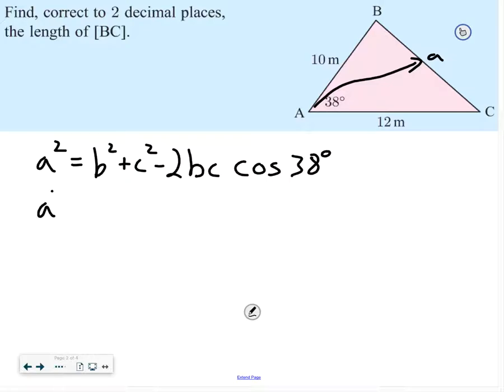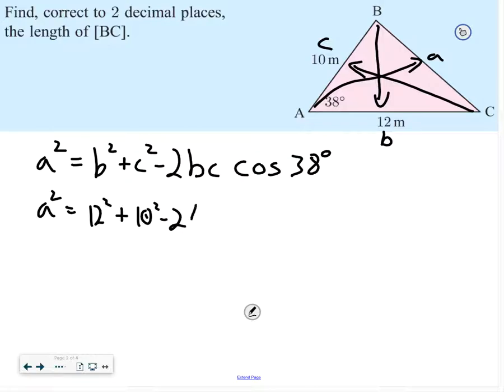Okay, so I'm going to plug in the other things I know. Well, I know I'm trying to find A squared. B squared is, so opposite of angle B, this is B, so then this must be C, opposite of C. So it's going to be 12 squared plus 10 squared minus 2 times 12 times 10 times the cosine of 38 degrees.